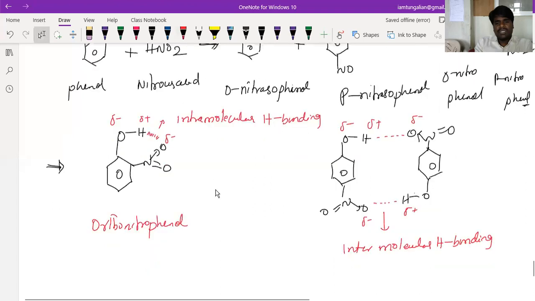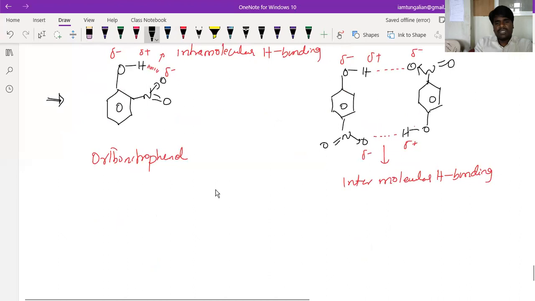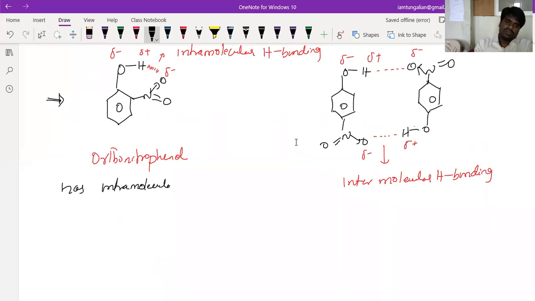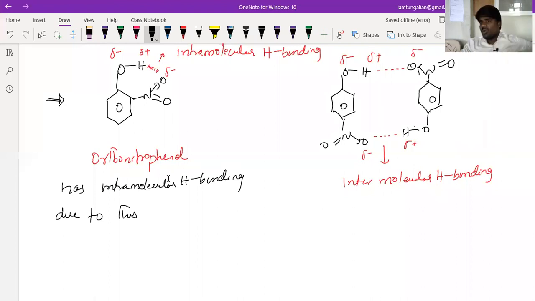So orthonitrophenol has intramolecular hydrogen bonding. Due to this, its acidic nature is less than para. That is the first thing.